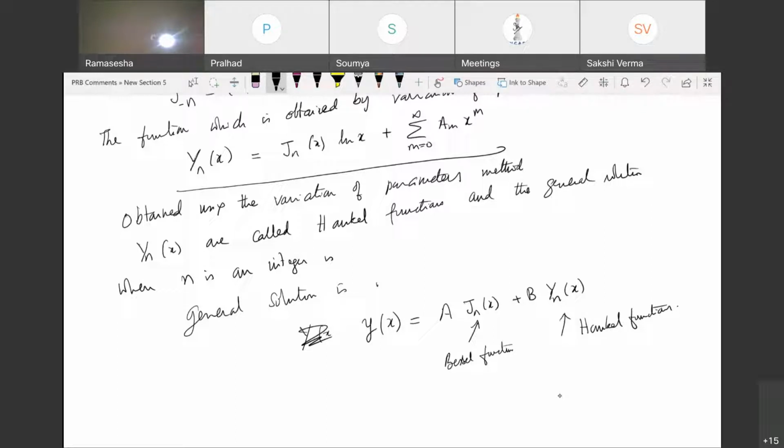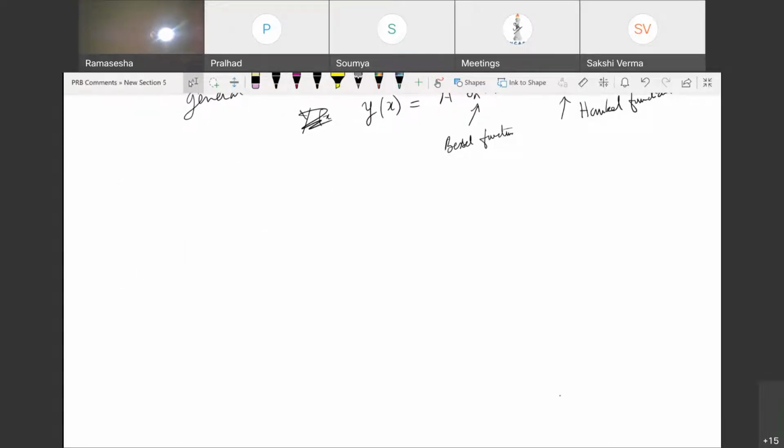We are now writing the power series, sigma over m, minus 1 to the power m, x, divided by gamma m. Okay.